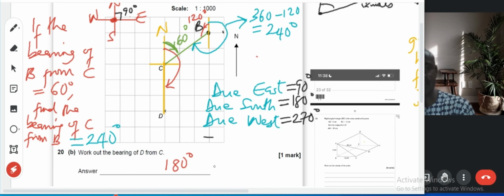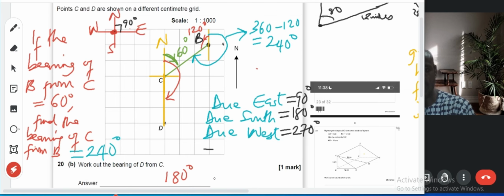Always starting from the north, you move clockwise to be able to see C. So that's the bearing of C from B.